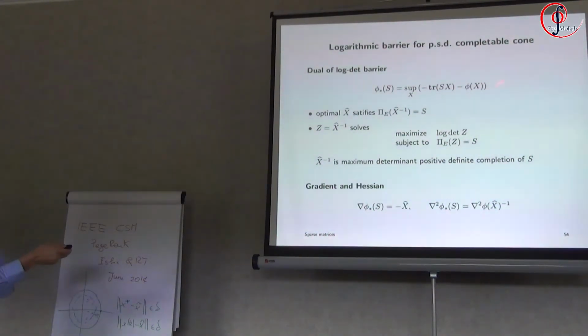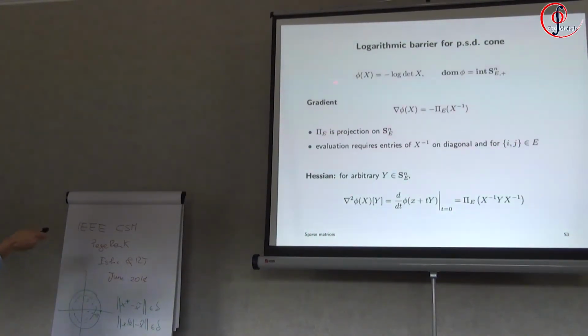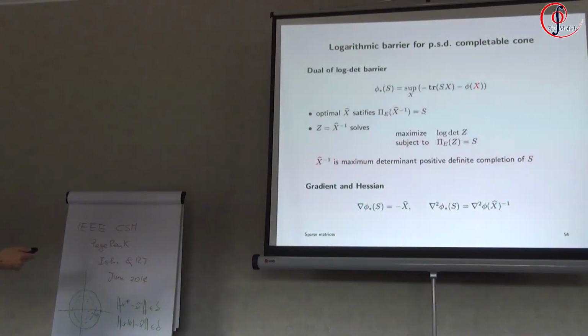If you take this as a barrier for the primal cone, the positive semi-definite cone, then this value is known as the dual barrier for the dual cone. So to evaluate this barrier, you have to be able to solve this optimization problem efficiently. In general, it's a convex optimization problem, a concave maximization, and for a general pattern, you have to solve it numerically.